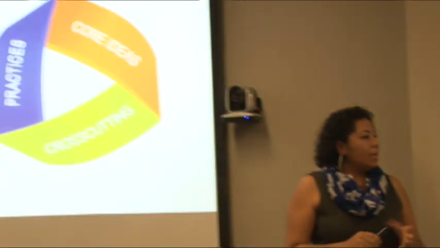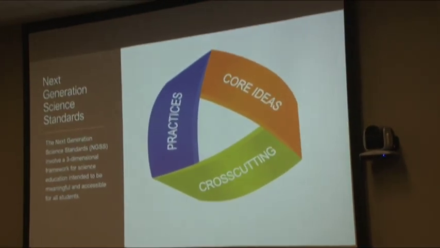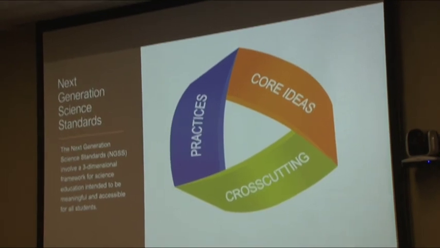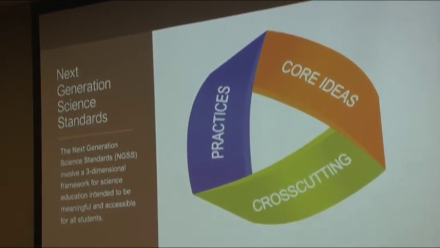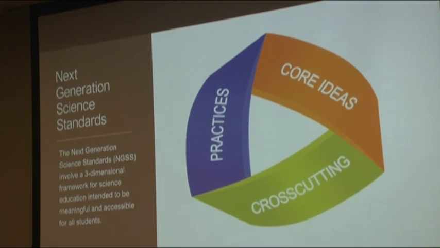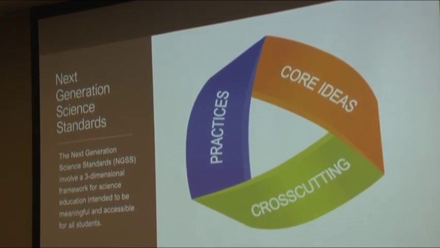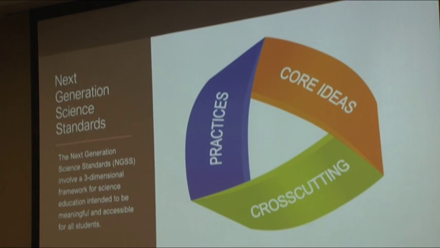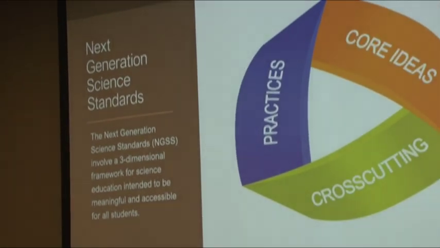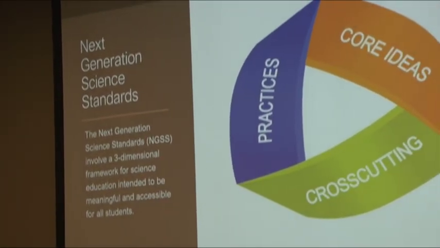So a little bit about the NGSS. The NGSS is this integration of multi-dimensional ways of having students engage in science. Traditionally, students would focus more on the disciplinary core ideas, like the disciplinary content.